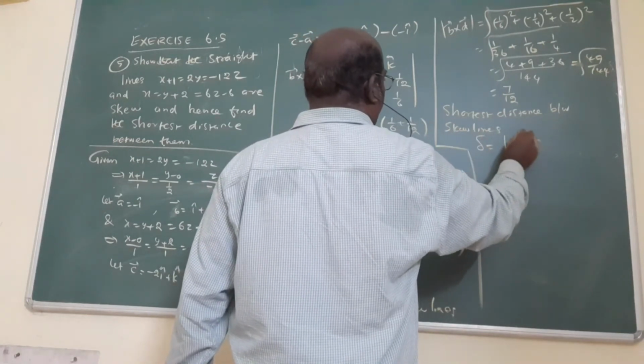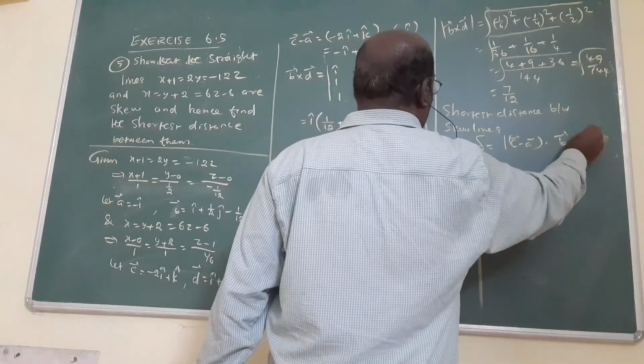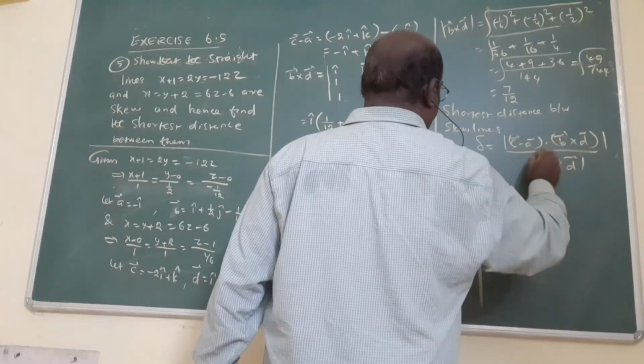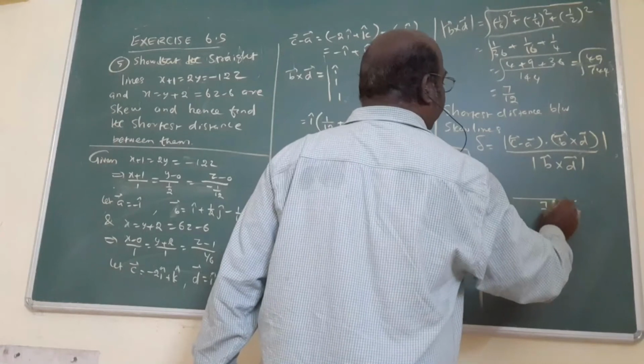What is the formula? Modulus of (c minus a) dot (b cross d) divided by modulus of b cross d. Here 7 by 2 is the answer.